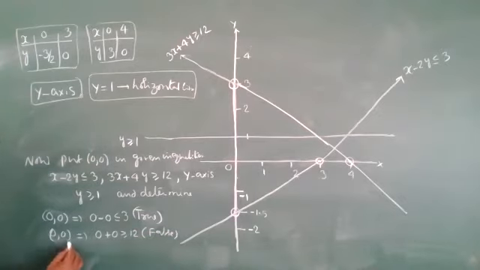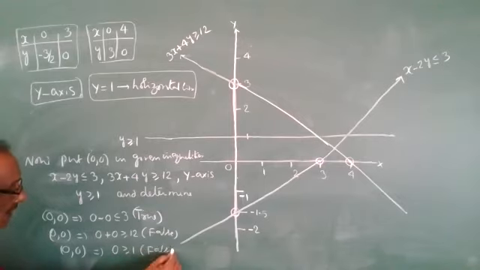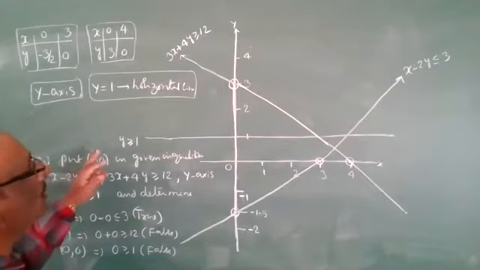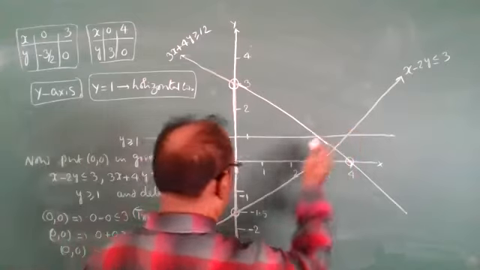Y-axis not necessary for 0, 0. So y greater than or equal to 1 is also false, since 0 is greater than or equal to 1 is false. So only the true equation is this equation.